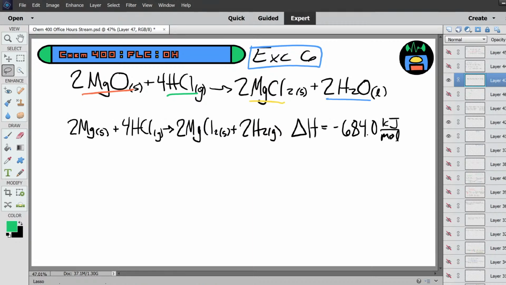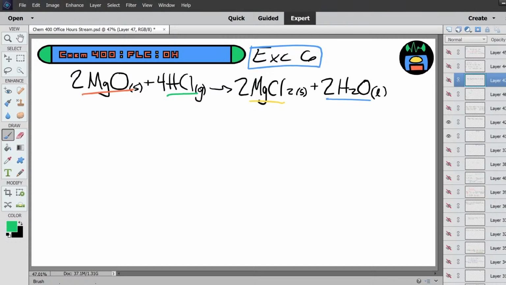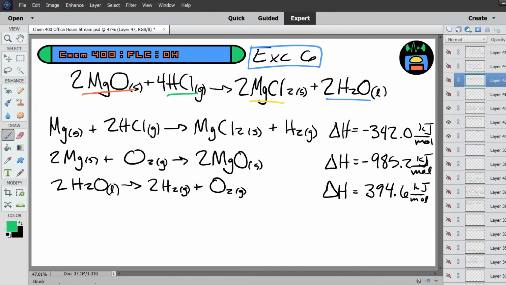And you can see that we have 4 moles of HCl gas on the reactant side like we want. All right? But we're not done here. We've got our 4 moles of HCl taken care of. Let's look at magnesium oxide.